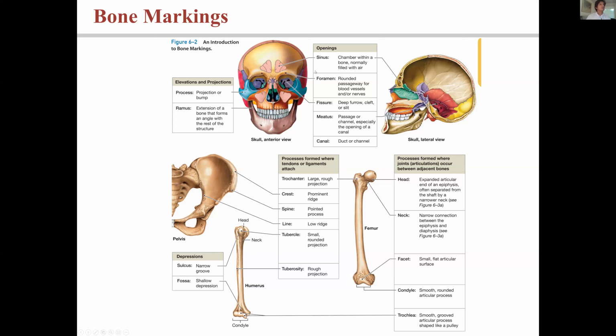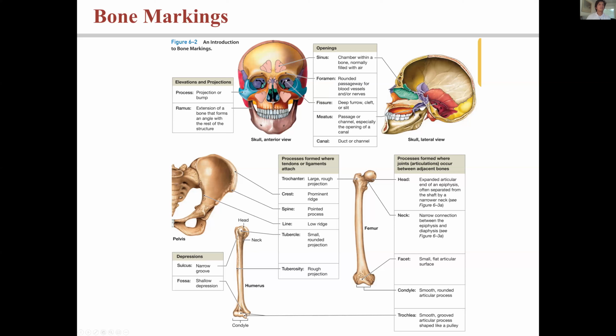And so hopefully there's also, what do we have here? Openings, sinuses, those I think are intuitive. Foramens are just holes for the passage of different components. They can be as small as to allow the passage of a particular nerve or a particular artery or vein, and they can be large enough to allow the passage of your spinal cord, as in the case of the foramen magnum at the base of the skull.